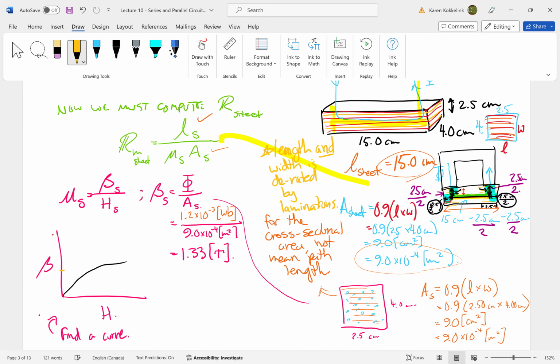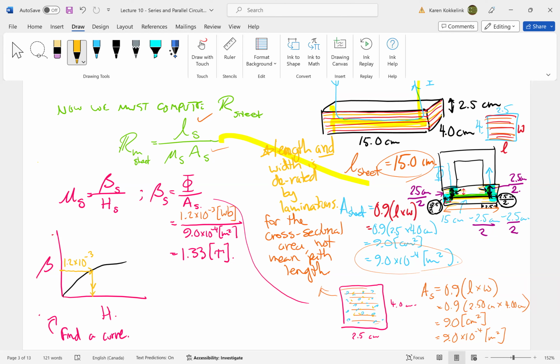So for this particular instant in time, because permeability changes over the course of this circuit, when I have 1.2 times 10 to the negative 3 Webers of magnetic flux, I can hit this curve and ask, what is H?